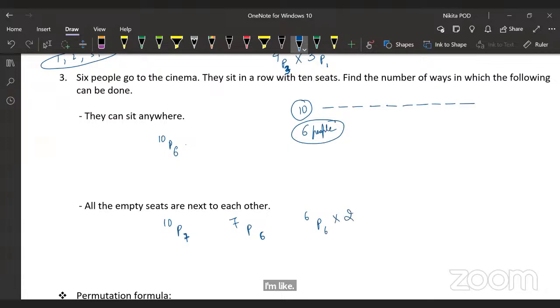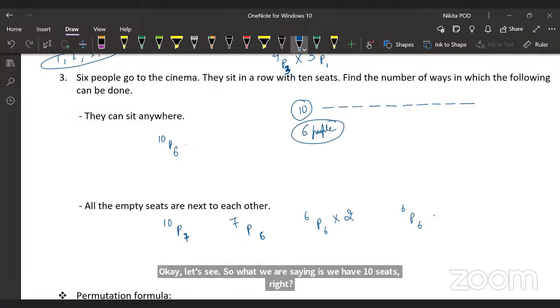Okay. A lot of answers. Any other answers? No? Okay. Let's see. What we are saying is we have 10 seats, right?